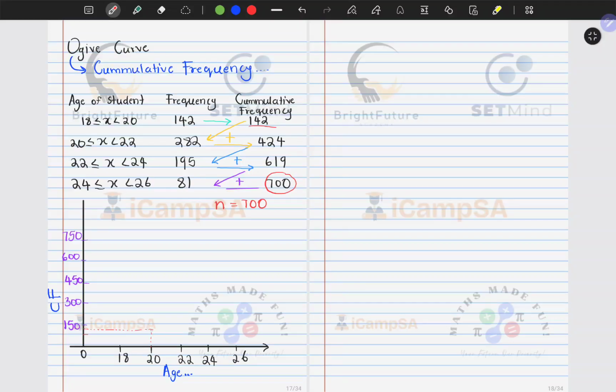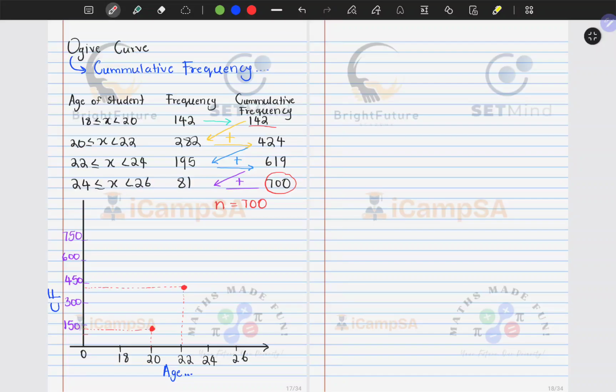Okay, so at 20, we're there, right? And then at 22, we're at 425. So we are just below 450, essentially. 425 is just below 450. So we go there. There we go.